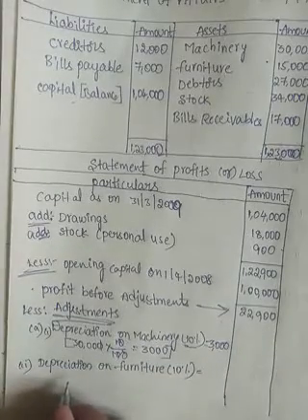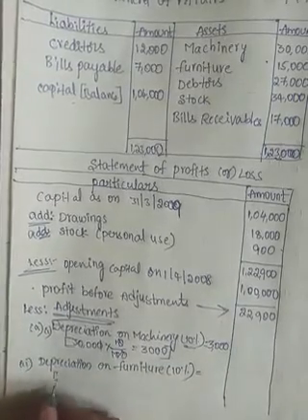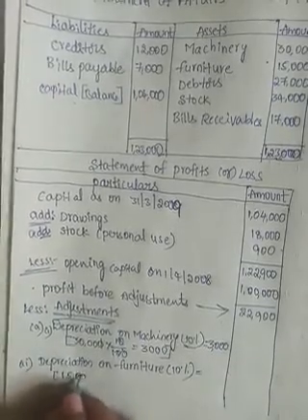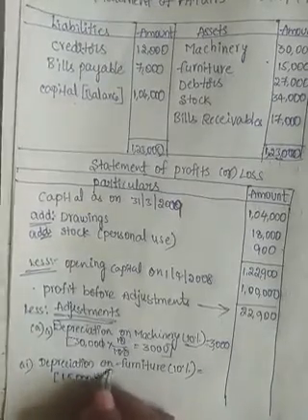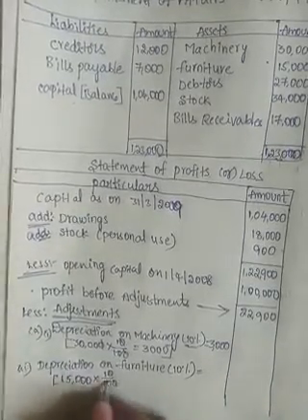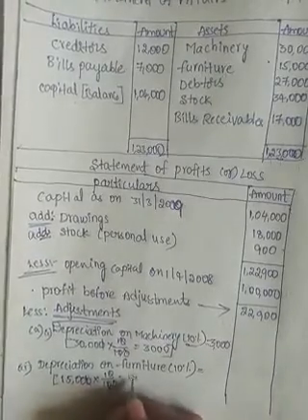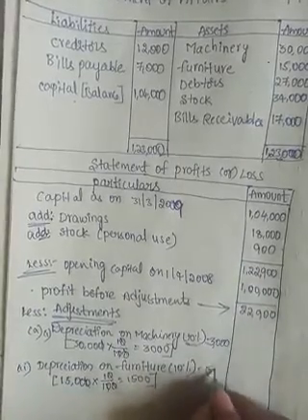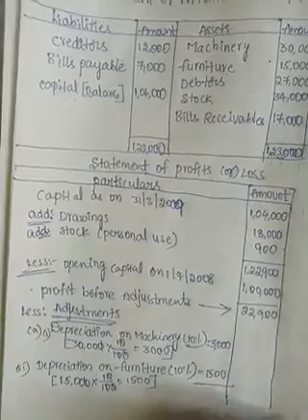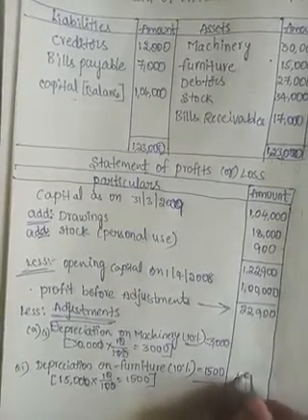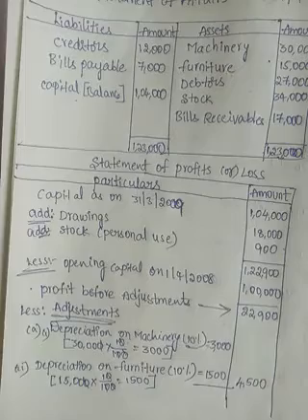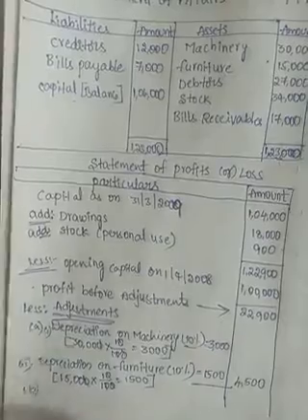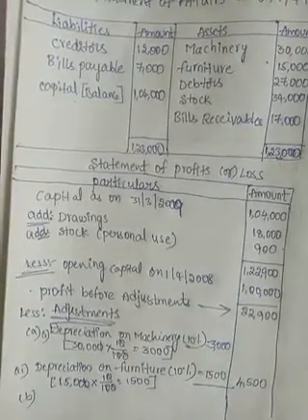The furniture value is 15,000, so that is 15,000 into 10%, which is 10 by 100, giving 1,500. Depreciation on furniture is 1,500. The total is 4,500. Deduct that 4,500. The next adjustment is what is given.